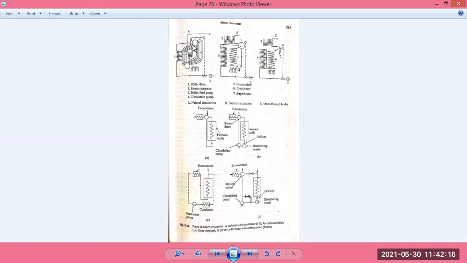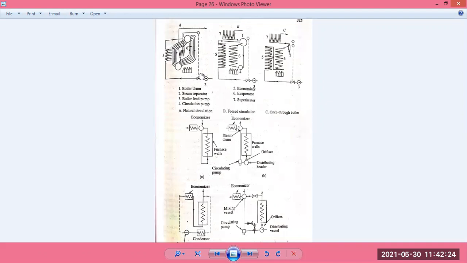the steam part is sent to the heater itself, which is shown here. Here is the boiler drum. The tubes come from here to this drum, come to this header itself and go to the riser itself.